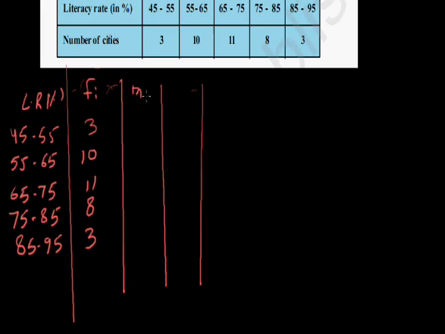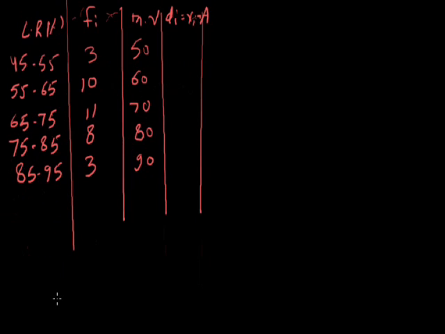Now first of all find the mid value. Now the mid value for this is 50, 60, 70, 80 and 90. So the mid value is very high, so we need to use the indirect method. This is di equals xi minus a. Now we first consider the assumed mean. Now I have considered the assumed mean a as 50. Now this is 0, 10, 20, 30 and 40.